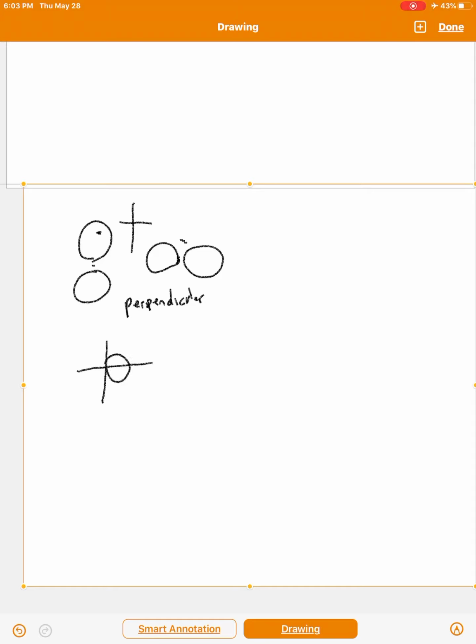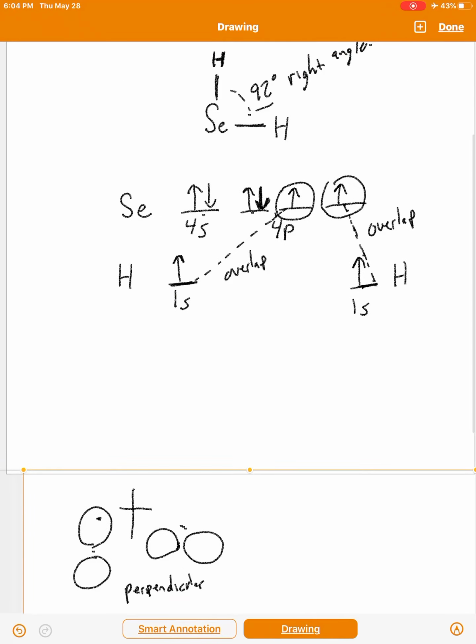You've got one orbital here, and 90 degrees to that is this one right here. If you rotate one of them 90 degrees, you get the other one. That's essentially what's happening here. One of these 4p orbitals is perpendicular to this one. So when this orbital overlaps with this orbital, it forms a bond. These 2 electrons pair. When this orbital overlaps with this orbital, those 2 electrons pair and you form a bond there. But this orbital is perpendicular to this one.